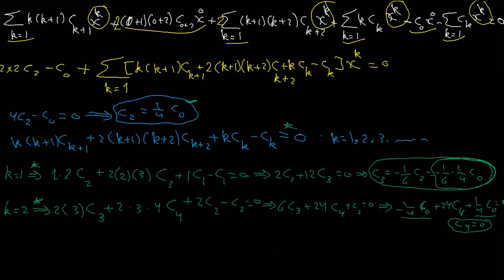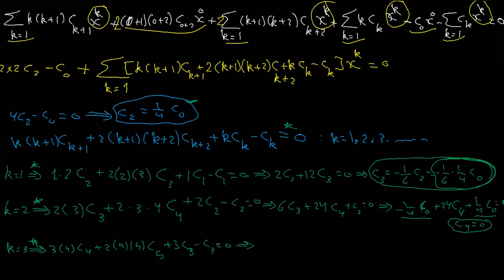Now, let me choose also k to be 3. In my equation star, focus please. In star, 3 times 4 C4 plus 2, my k is 3, so it's 4 times 5 C5, plus my k is 3, 3C3 minus C3 equals 0.